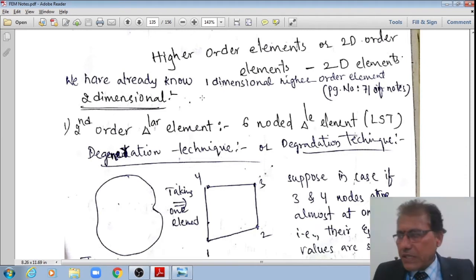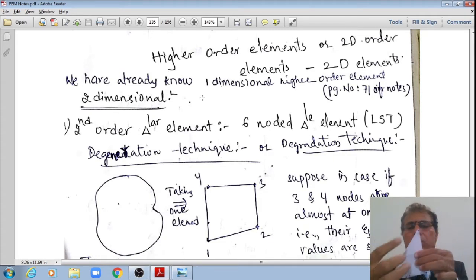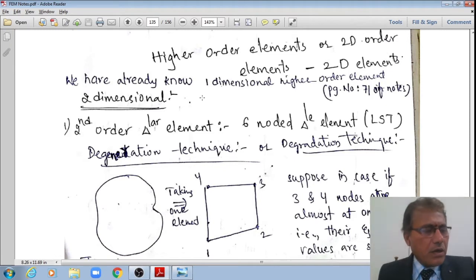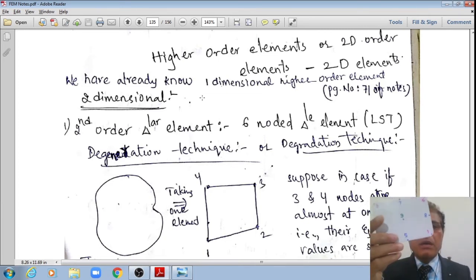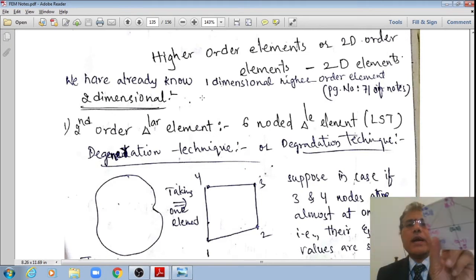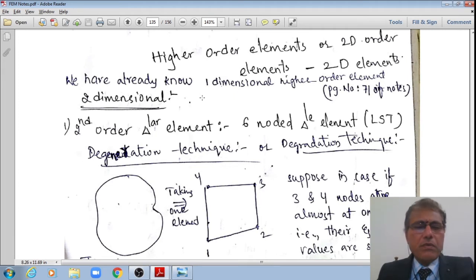Even in the previous class we have seen the 2D 3 noded triangular element. If I have mid-side nodes, then it will become a 2D higher order triangular element, or a higher order 9 noded quadrilateral element or 8 noded quadrilateral element. Now we'll discuss them one by one.